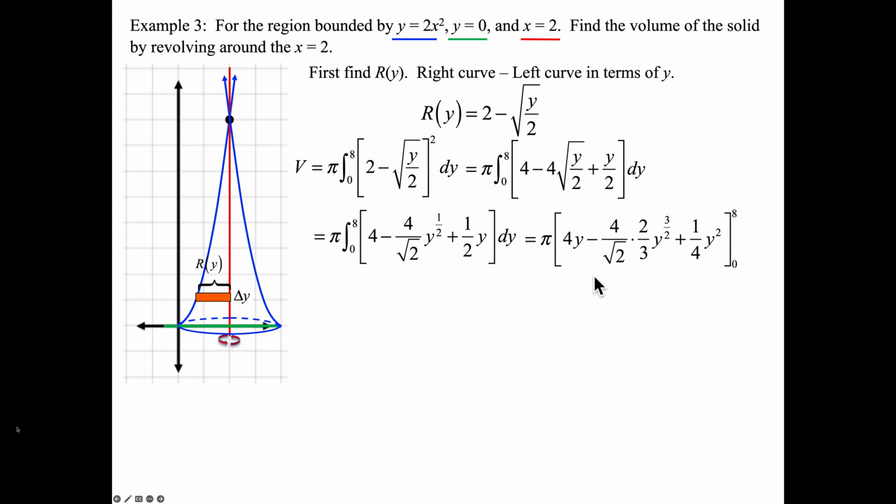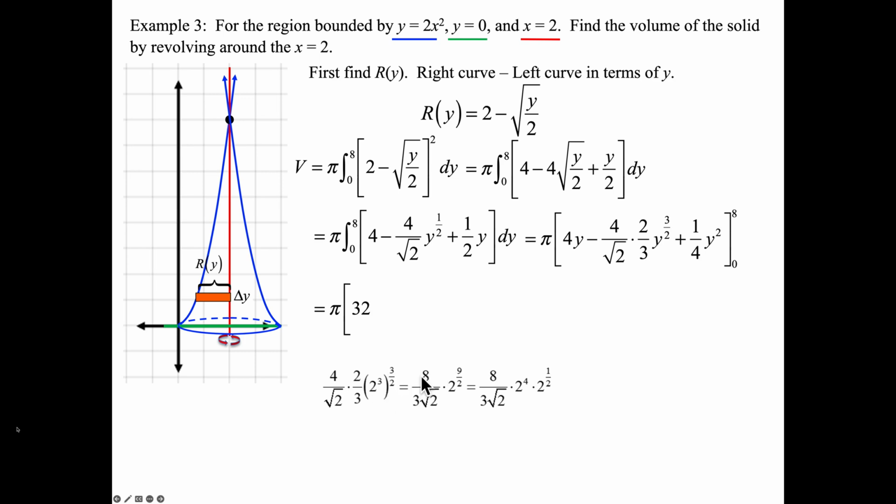Alright, here we really can't do any canceling, so we'll substitute in and see how we can simplify as we go along. 8 times 4, that'll be my pi times bracket 32. If I put in 8 here, on a little side note, 8 is 2 to the 3rd being substituted in for that y.